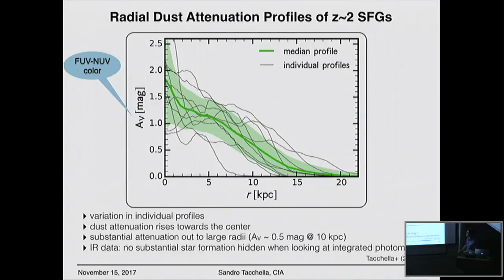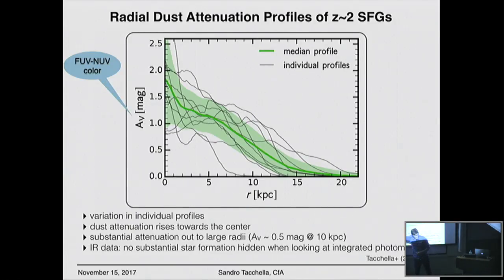And so what I show you here are dust attenuation profiles. This is really coming from the far-UV minus near-UV color. And so you can see that there's a lot of diversity in individual galaxies. So I show you here 10 individual galaxies. Some galaxies have really a lot of dust in the central part, whereas some galaxies have a declining curve into the central region. Now again, it's very simplistic.